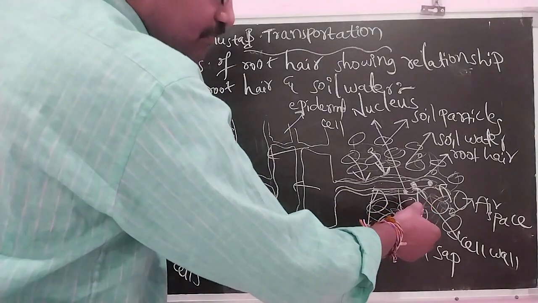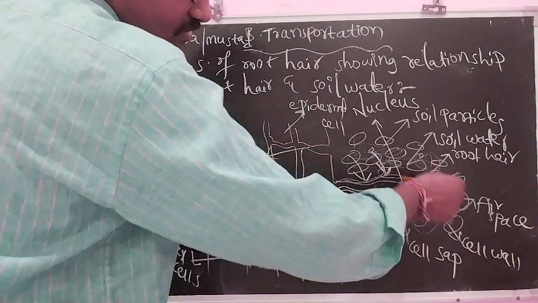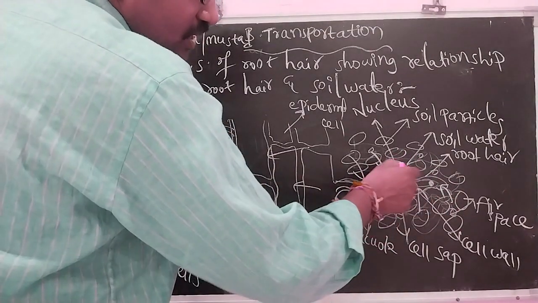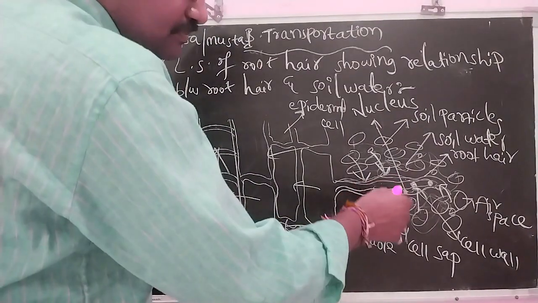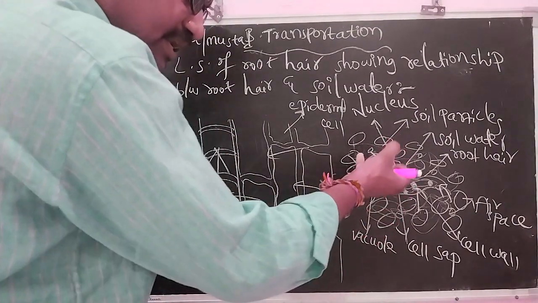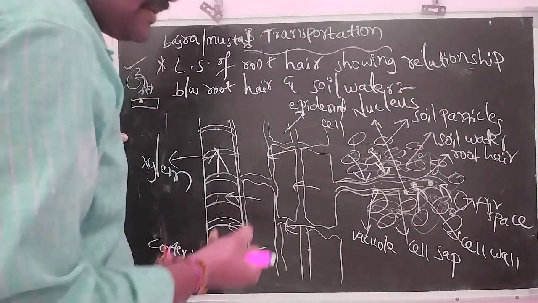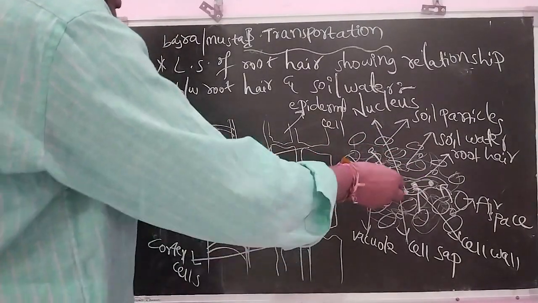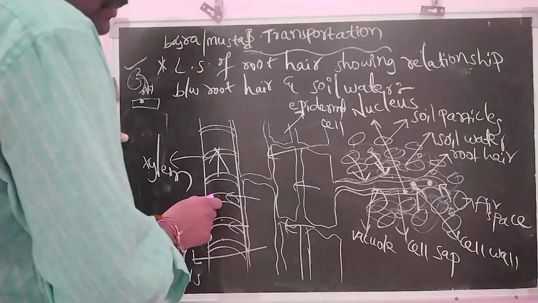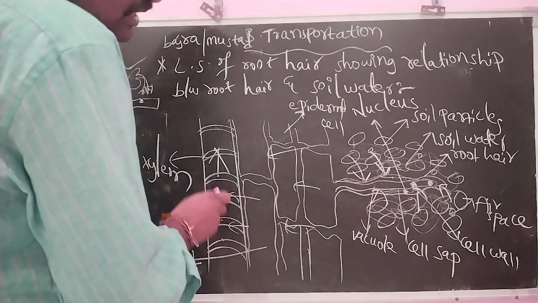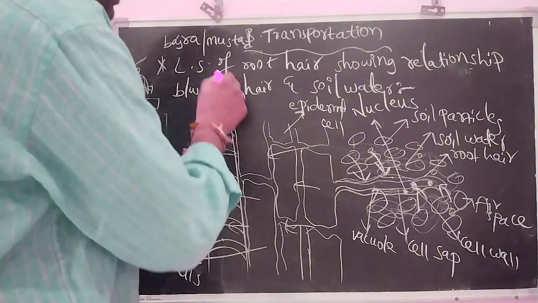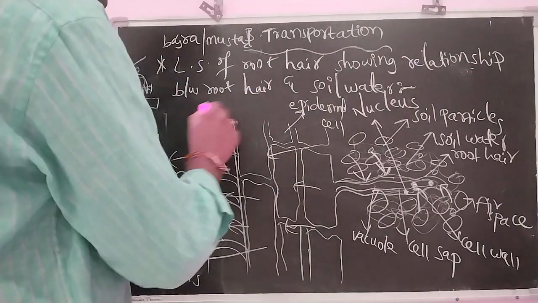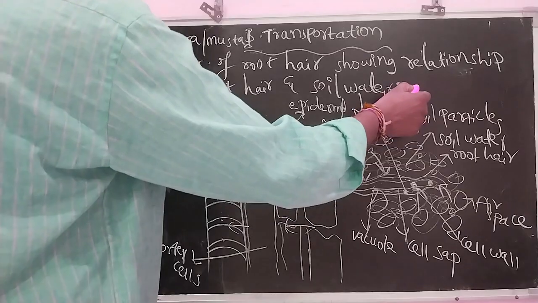As there are thousands of root hairs surrounding the main root, all these root hair cells create pressure, collect water together and send it to the xylem. This is how water reaches the upper parts of the plant body. This is the relationship between root hair and soil water.